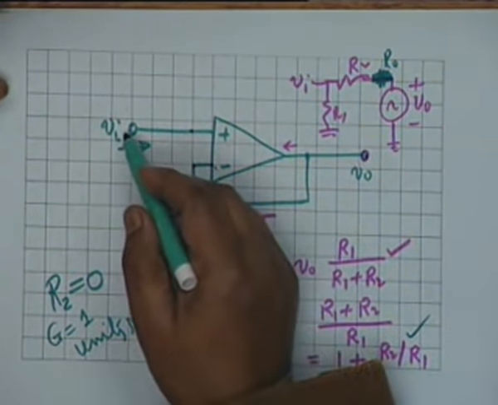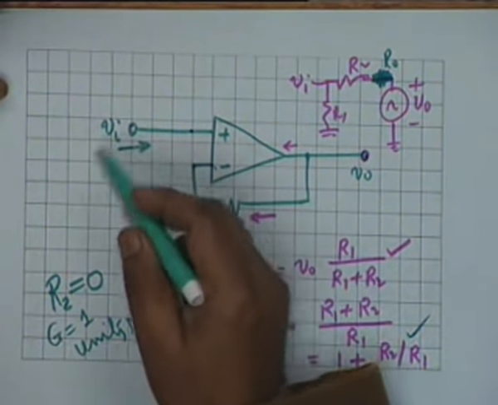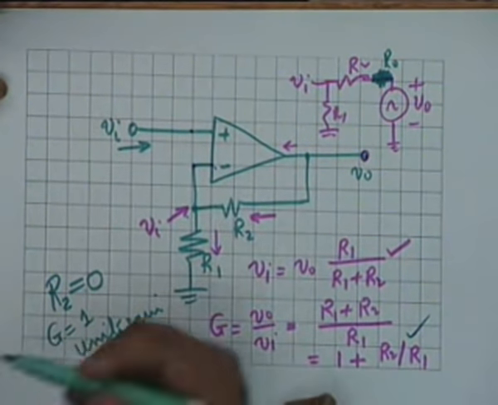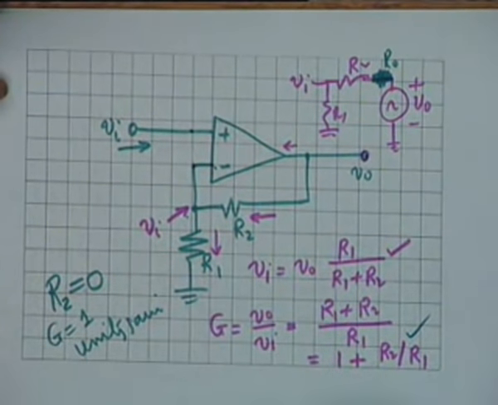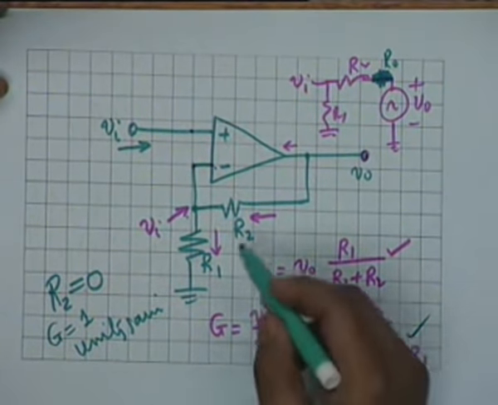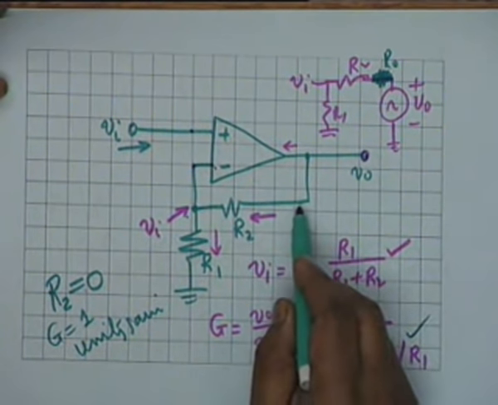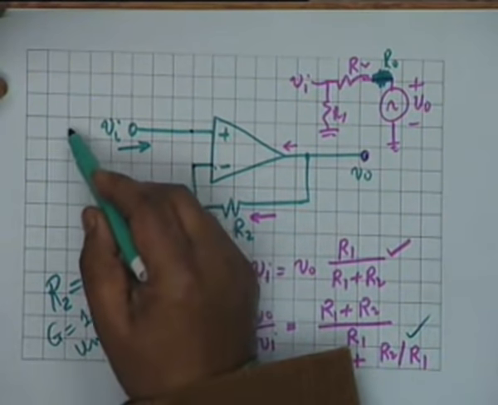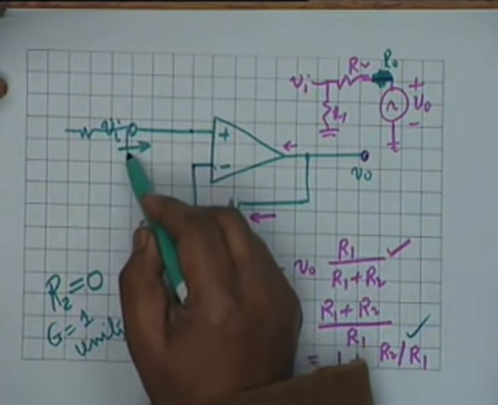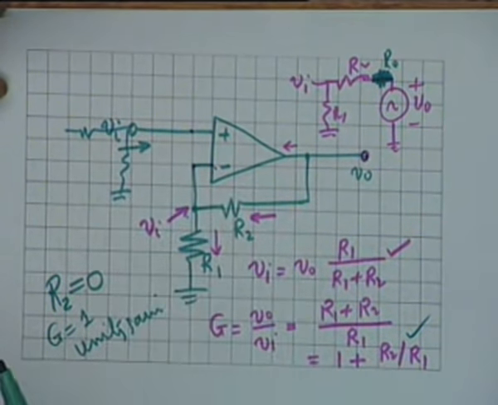Why don't you, before applying to here, attenuate by the required factor? Suppose I want a gain of half. Then what I do is I make R2 equal to 0, R1 equal to infinity, and then I use a potential divider here. That's it.